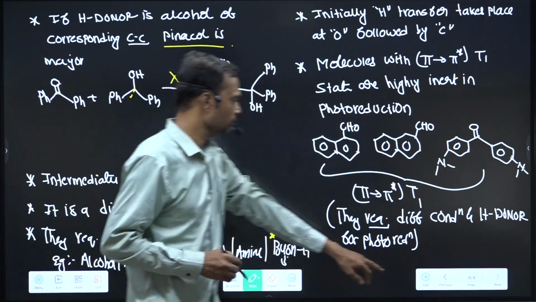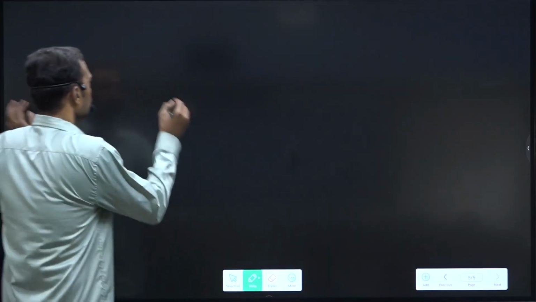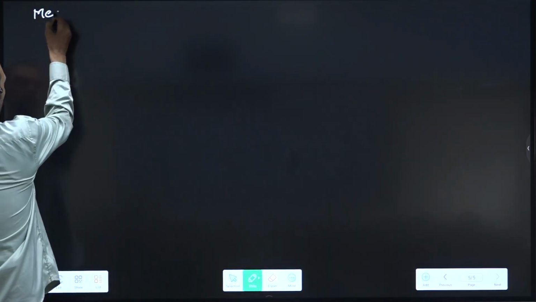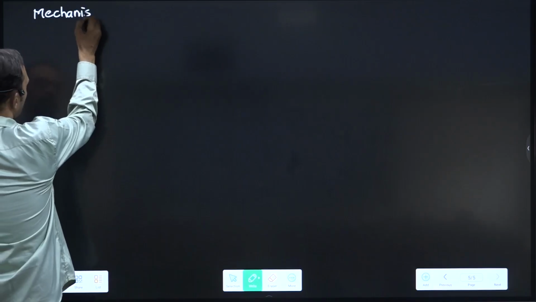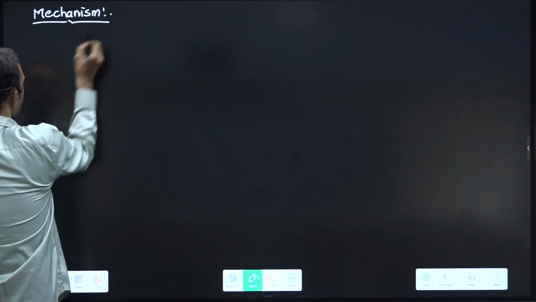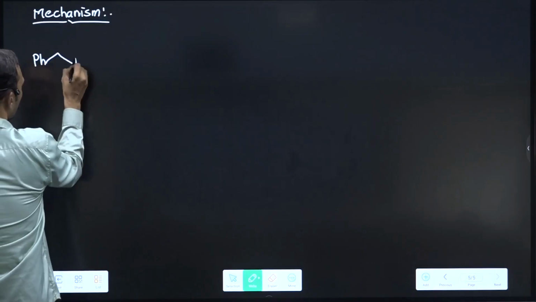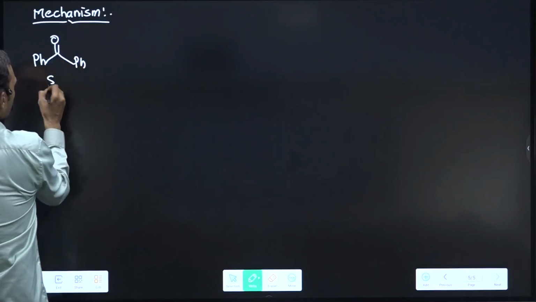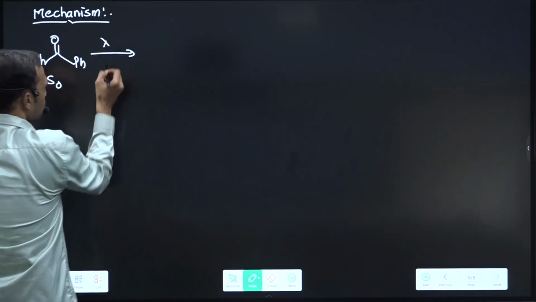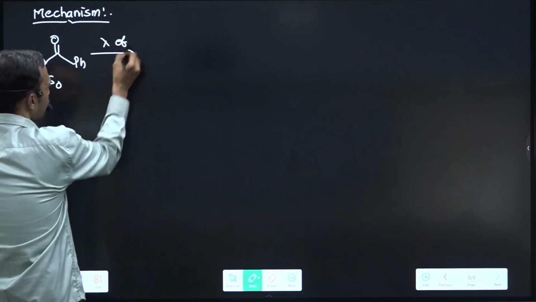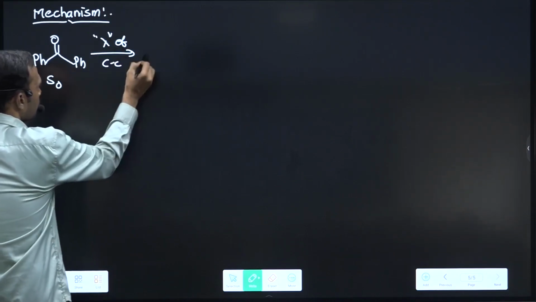Now see the mechanism. All those characteristics you will understand by using this mechanism. See, I am using benzophenone at S0. Then I use lambda, a lambda of benzophenone. Then what happens?